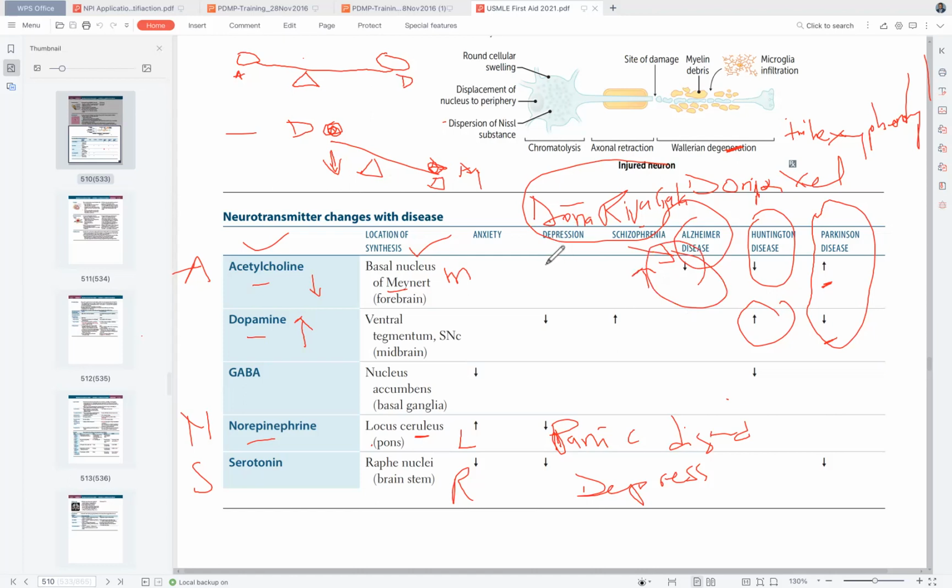So they are enzyme inhibitors, acetylcholinesterase inhibitors. Alzheimer's is in the brain, right?